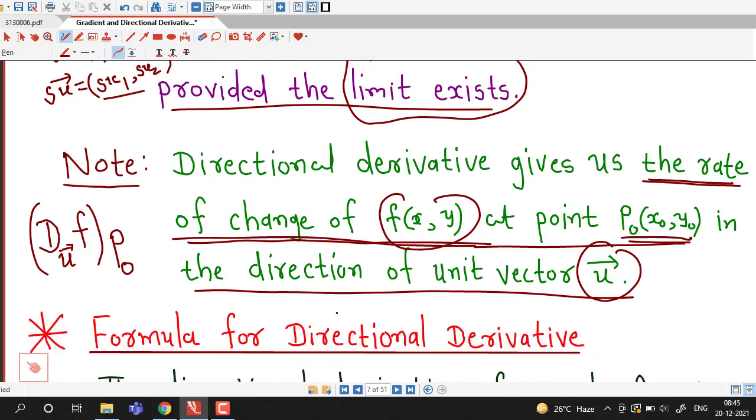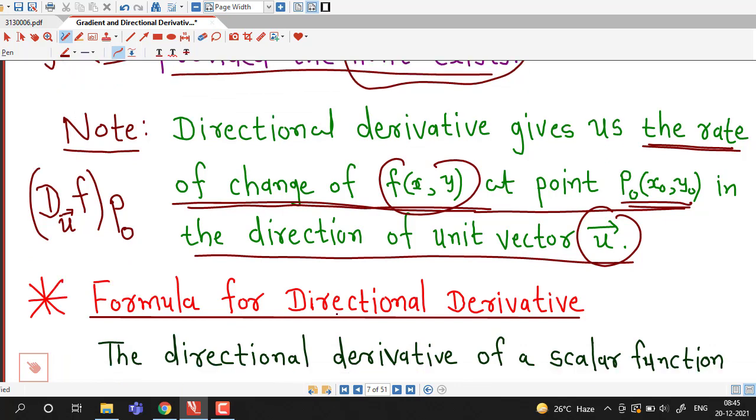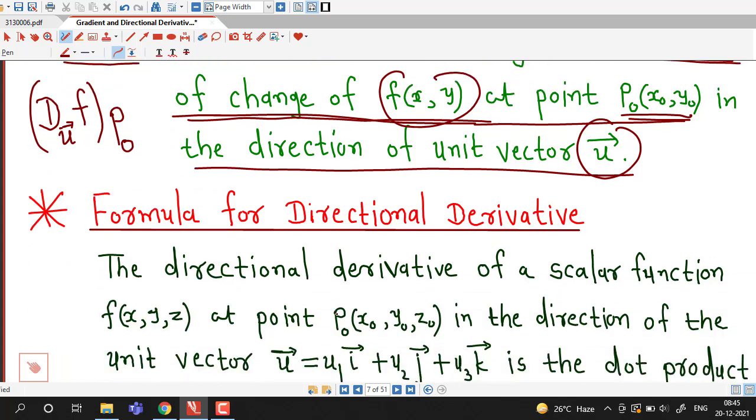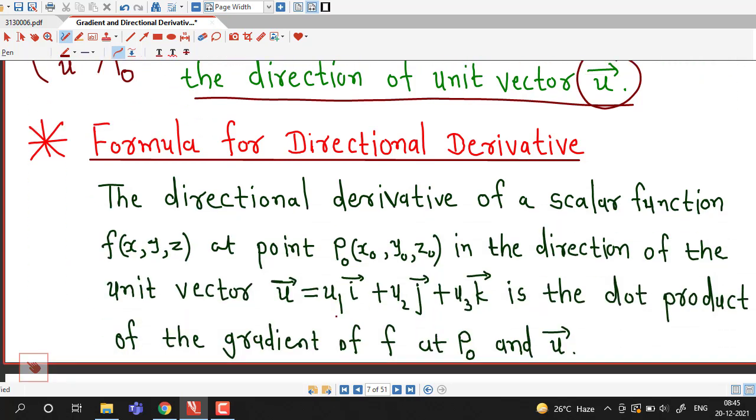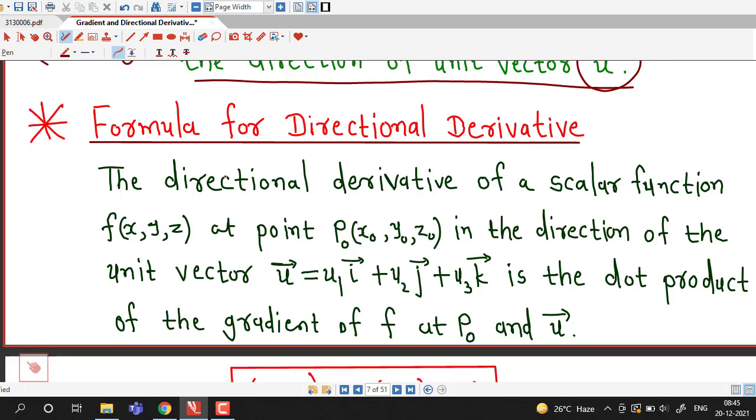Now we see what is the formula for directional derivative. So that formula uses gradient of a function. So we have written this formula for scalar valued function of 3 variables. We can generalize this to n variables also.